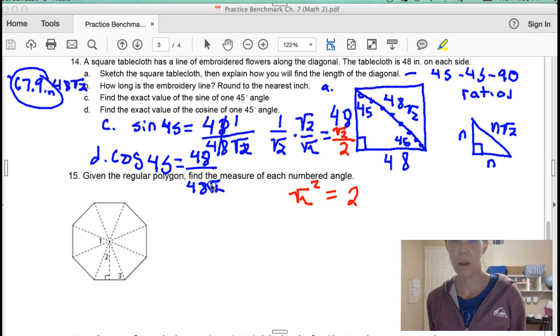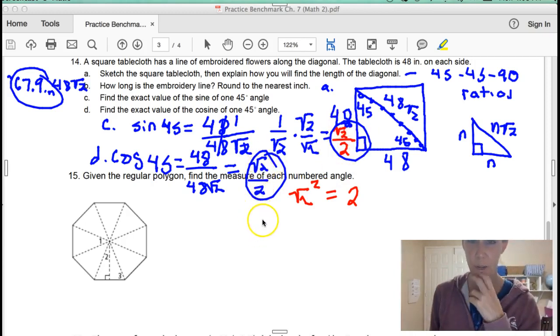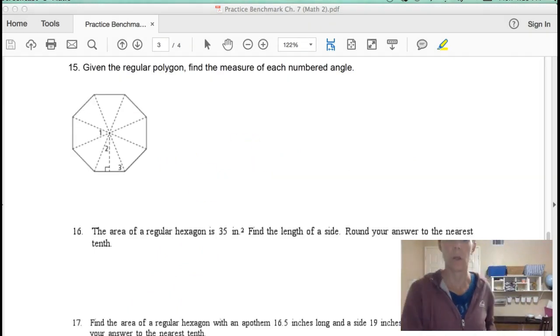And this obviously is the exact same thing as this. So this is going to reduce to the same thing. Square root of 2 over 2. So you can see the cosine and the sine of 45 degrees is going to be radical 2 over 2 both times. And as you get later on into trig, you're going to see why this is going to be super useful. All right. Let's go on to number 15.